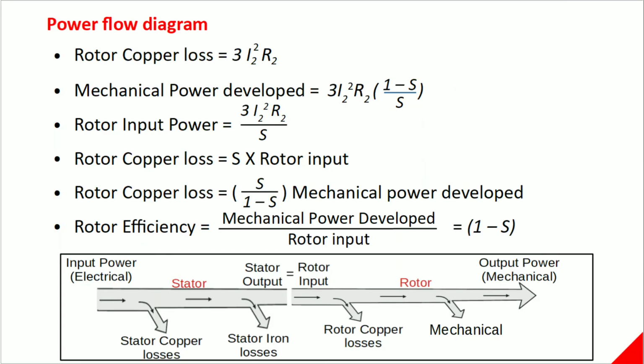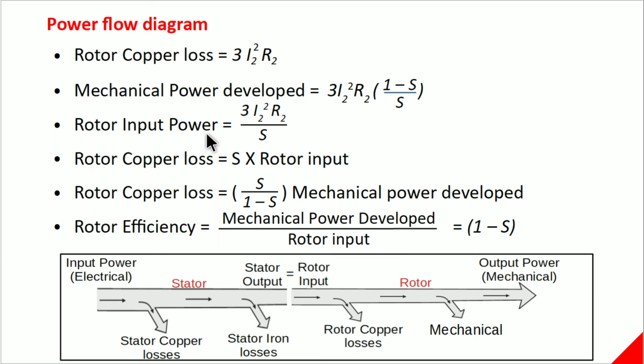There are some ratios. We know that rotor copper loss is 3 I2 square R2. Mechanical power developed is 3 I2 square R2 (1 minus S) over S, the power consumed by the fictitious resistance multiplied by 3.